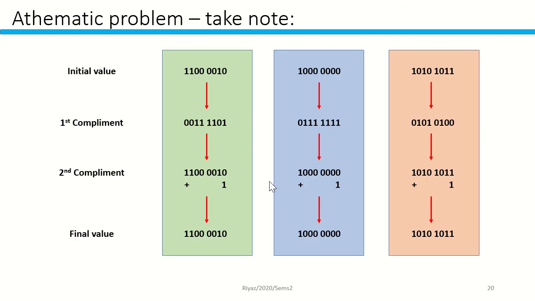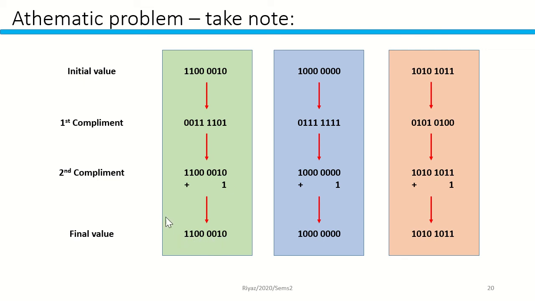Another part I need to emphasize is when we have an initial value. Let's say we have an initial value of 11000010, and then we do the first complement. We get 00111101, and for the second complement you add 1, and the final answer is 11000010.